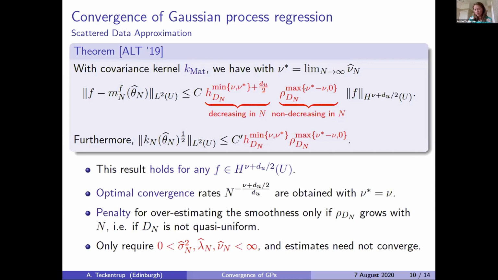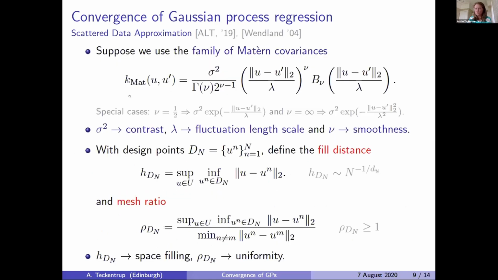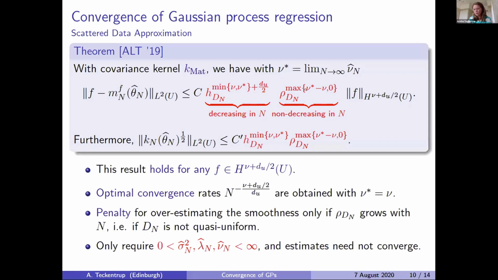So if your estimated smoothness is larger than the true smoothness, what this means is that the basis functions that you're using, so remember the nu star, right? So the nu star would correspond to the smoothness of the basis functions. So if the nu star is greater than nu, then the smoothness of the basis functions that you're using to approximate f is greater than the actual smoothness of f.